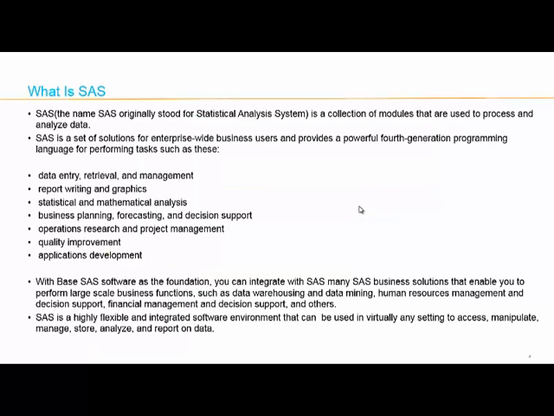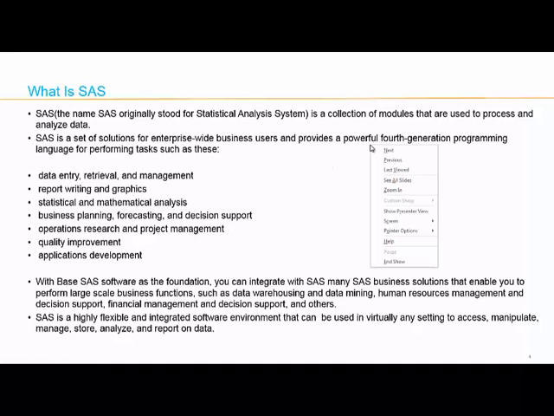Overview of the SAS system. SAS basically stands for Statistical Analytic System, which is a collection of modules that are used to process and analyze data. The basic concept of SAS is to access data from various sources and process it, where we prepare data as per your analytical requirement.